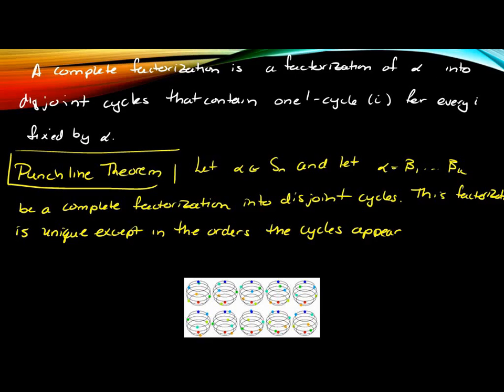Right. So I think Fraley has examples in the book of non-disjoint cycles. There's actually, I believe in Fraley's book, a theorem that says you can always take a permutation and break it up into a whole bunch of 2 cycles. But the 2 cycles will have overlap. So some of the elements in one of the cycles will appear in the other cycle.